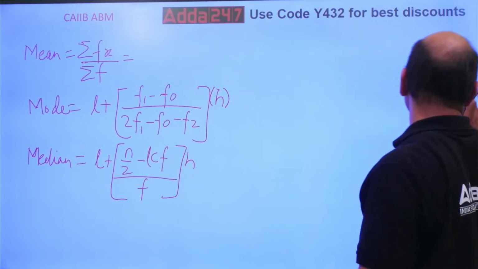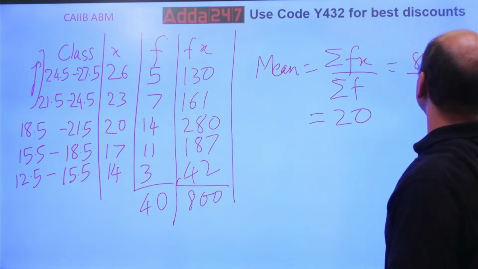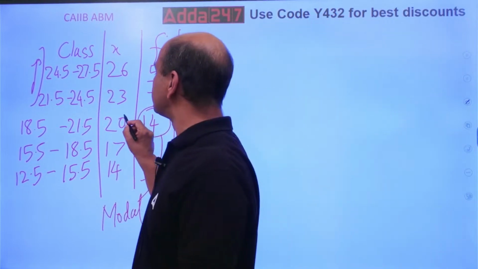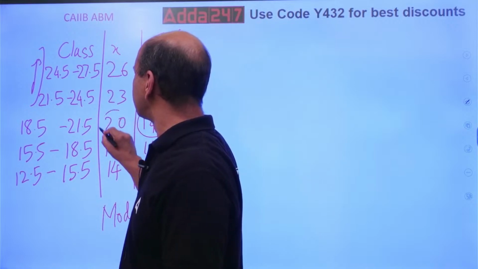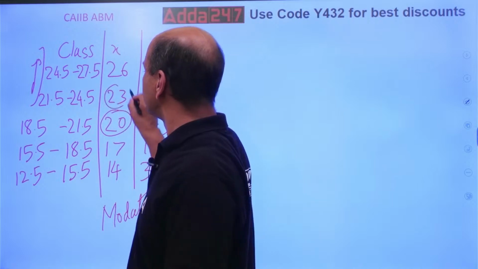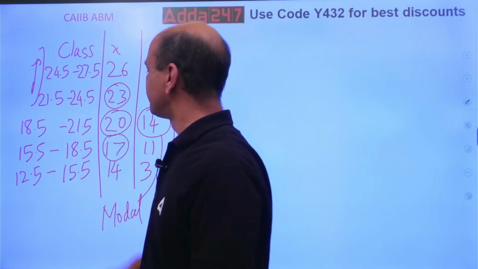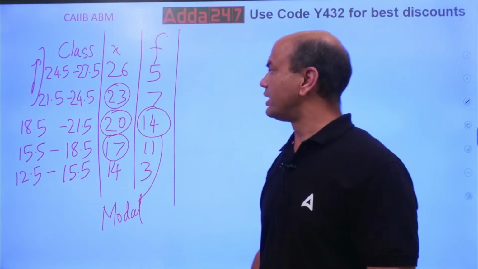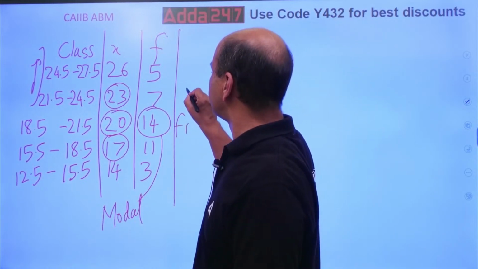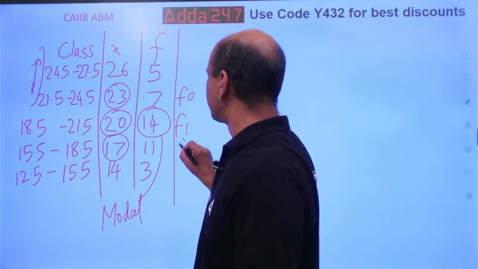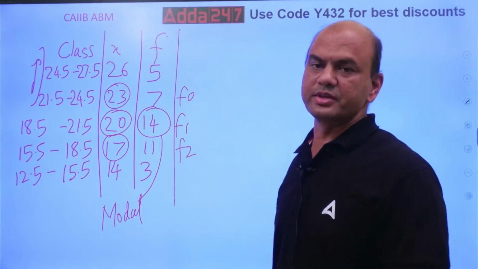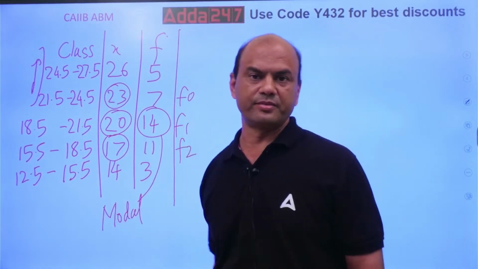Look at it. The frequency of this is 20, then 23 and 17. 20, 23 and 17: F1, F0, F2. Next one is F2, earlier one is F0 and this is F1.